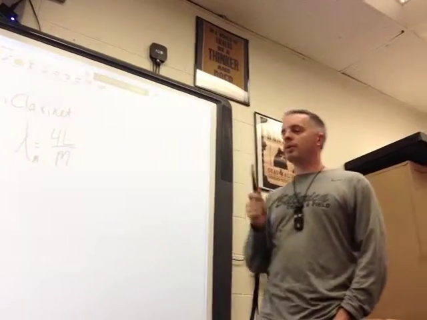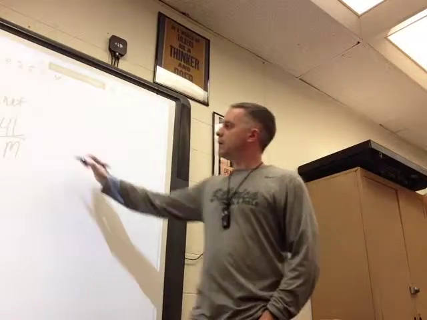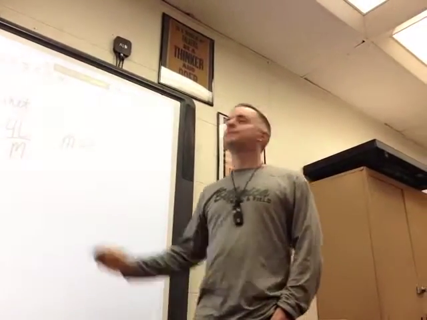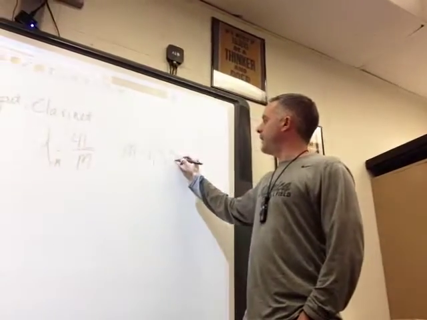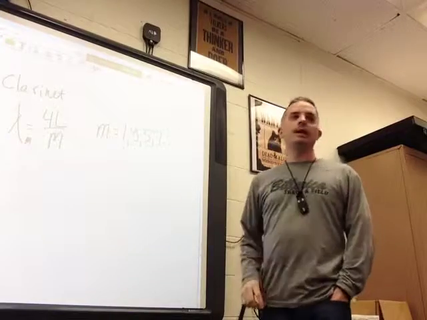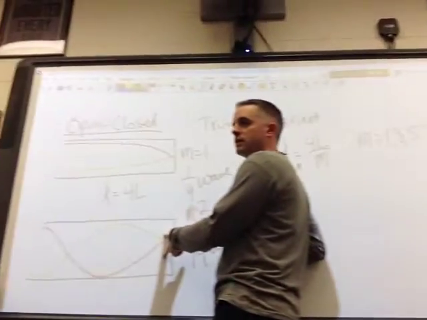But here's the really important thing. This is really, really important. m can only be certain numbers: 1, 3, 5, 7. They need to be odds. Look at what we've got right here. This is 3/4.